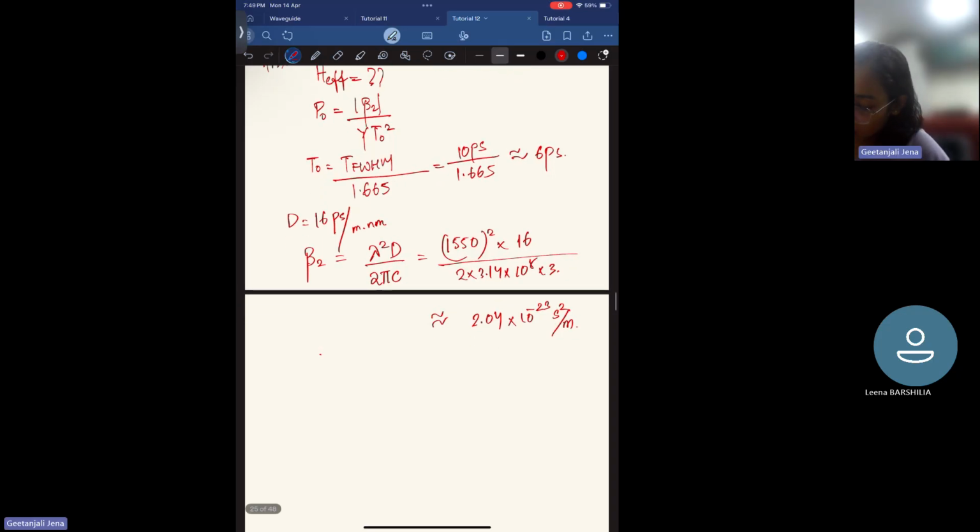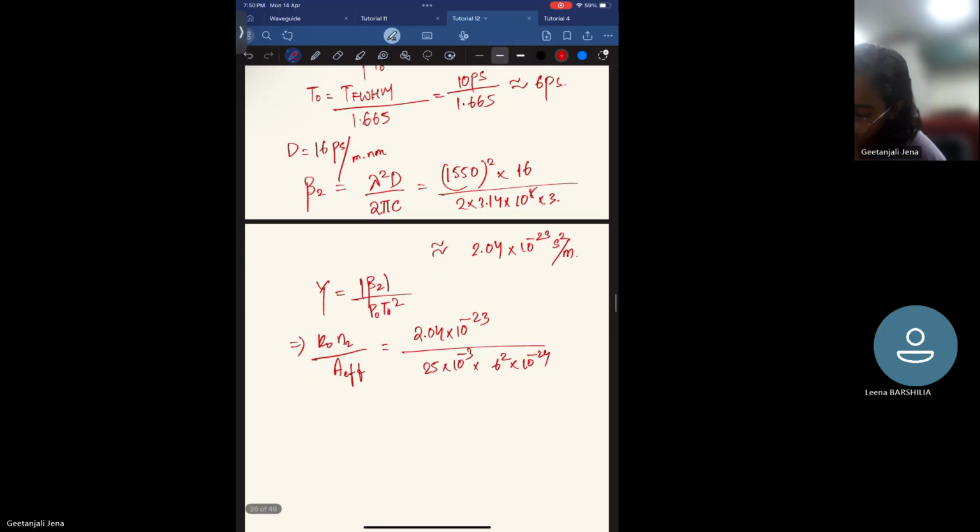So we know beta 2 now, so we can calculate gamma also, which is K0 n2 over A effective. So this will be 2.04 times 10 to the minus 23, 25 times 10 to the minus 3, 6 square is 4.